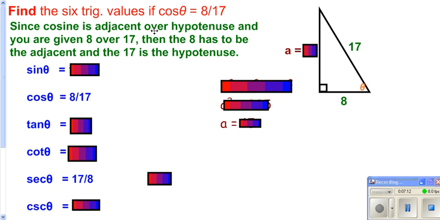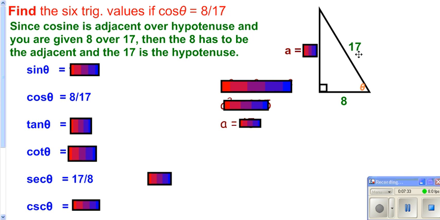So let's go ahead and draw ourselves a right triangle. We'll put an angle down here, theta. Adjacent to your angle has to be the 8. Your hypotenuse then has to be the 17, since cosine is adjacent over hypotenuse. So this is 8, that is 17.